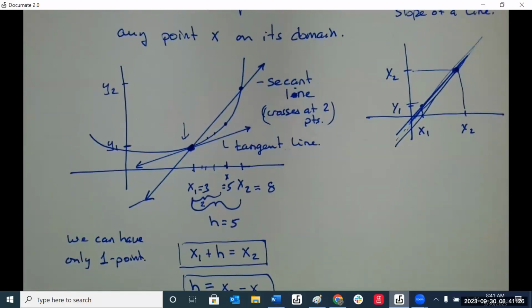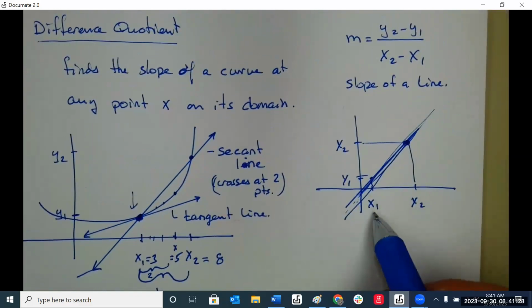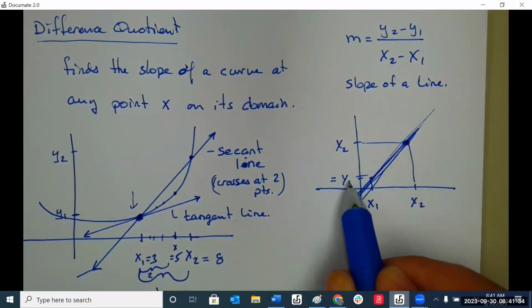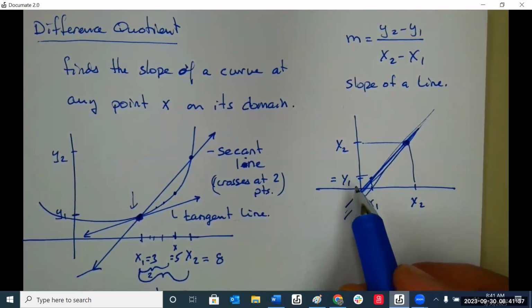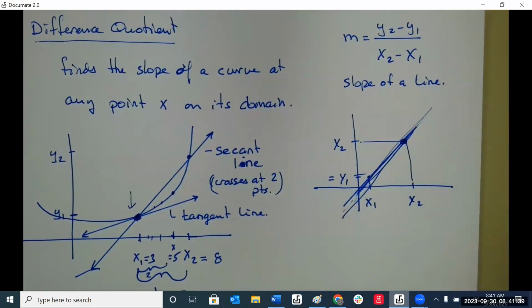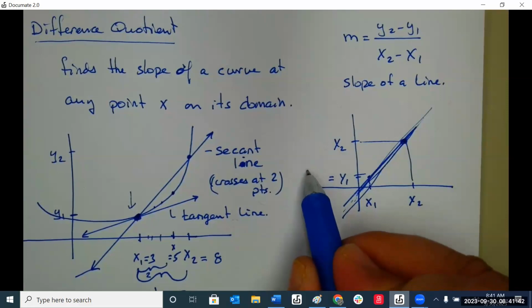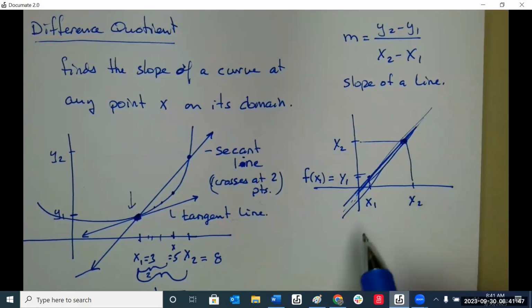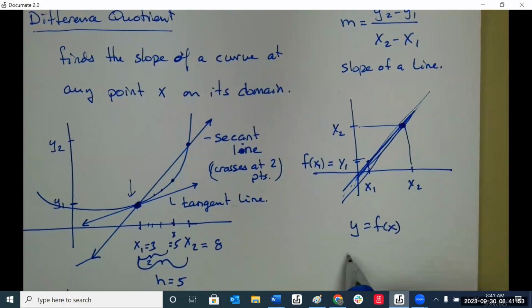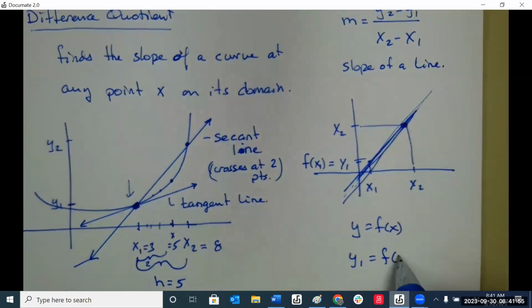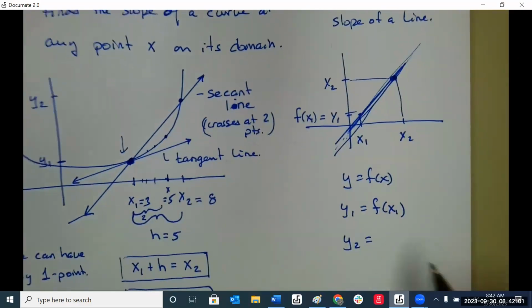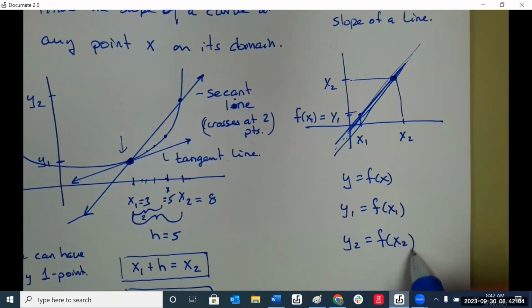All right. So let's refresh. What's another way of writing y1 as a function? It's a function of x1. Remember that y is the same thing as f of x. So y1 is the same thing as f of x1. y2 equals f of x2, right?